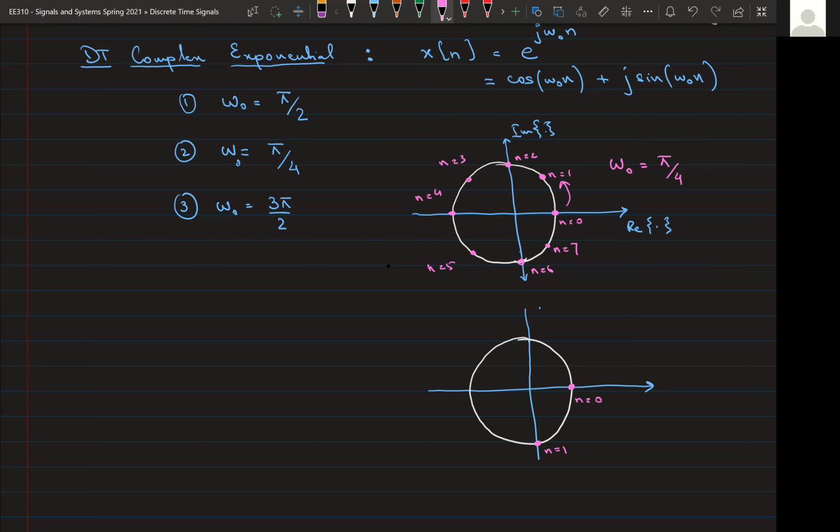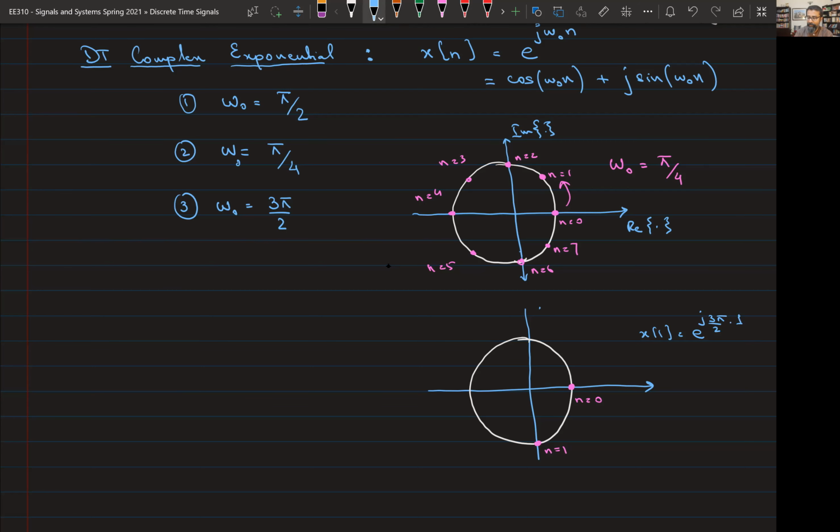Sir, Roshan, can you repeat this? I didn't get why n equals 1 is over there. Right, so n equals 1, x of 1 is e raised to power j 3 pi by 2, because that's the frequency times 1.